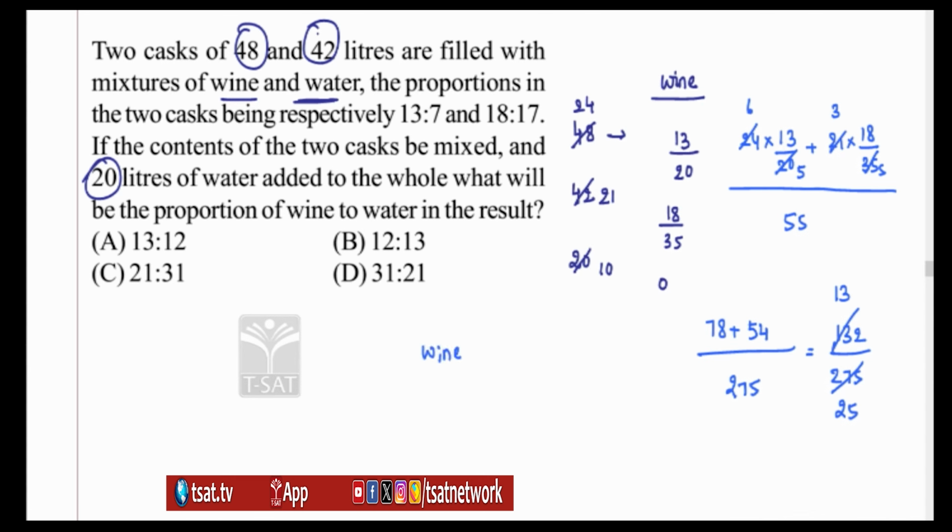Wine is 12 parts, therefore water is 13 parts. Wine is 12 parts, water is 13 parts. Answer is B. Here 11 12s, 11 25s. The moment you get 12 parts as wine, the rest, 13 parts, will be water there.